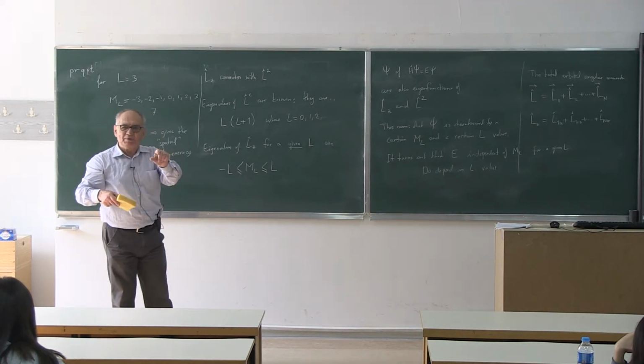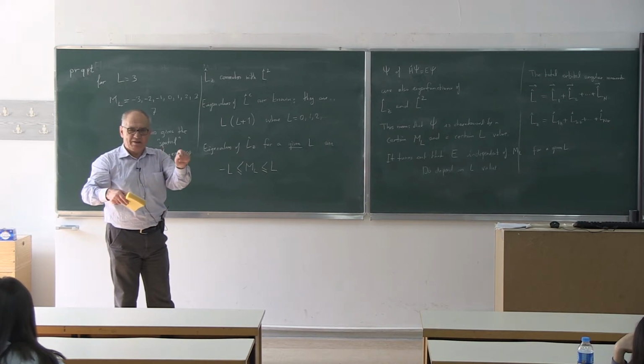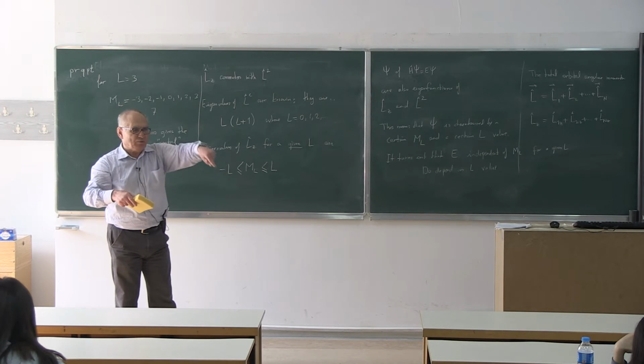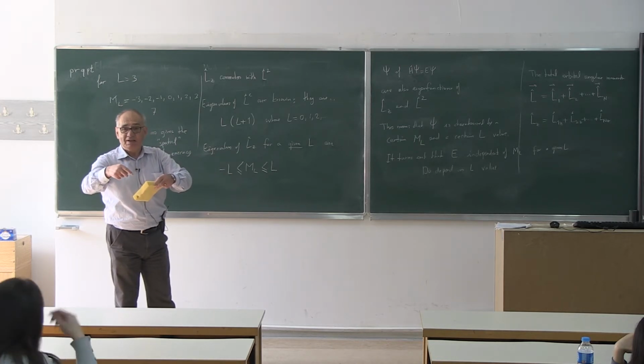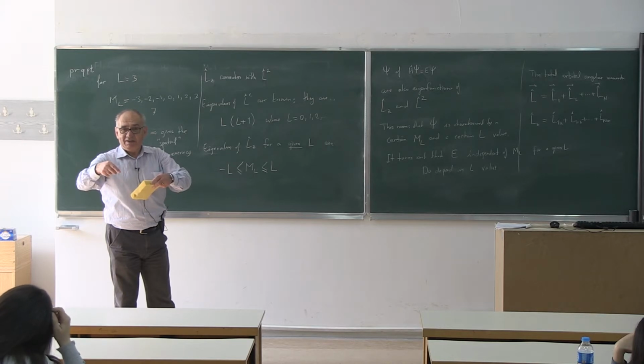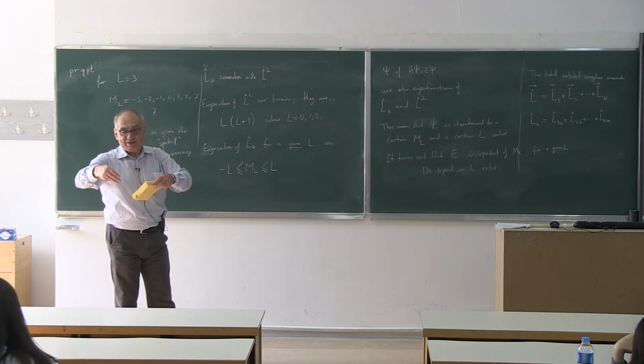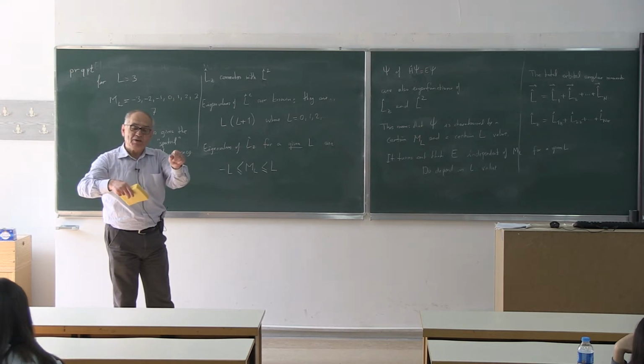There is another type which is related to spin. Now, spin is something different from spatial motion. And there we will see degeneracy resulting from the spin of the electrons. Then we will call that spin degeneracy.